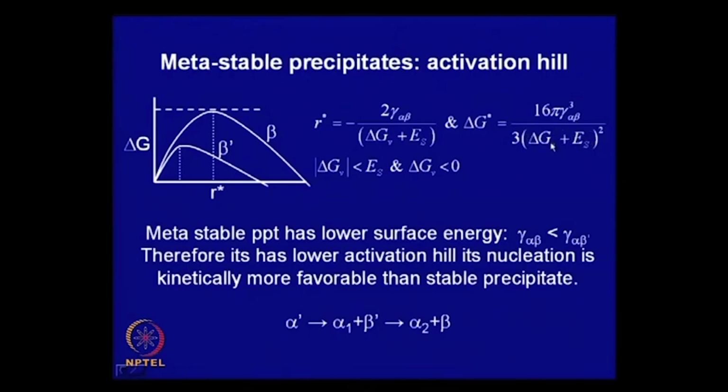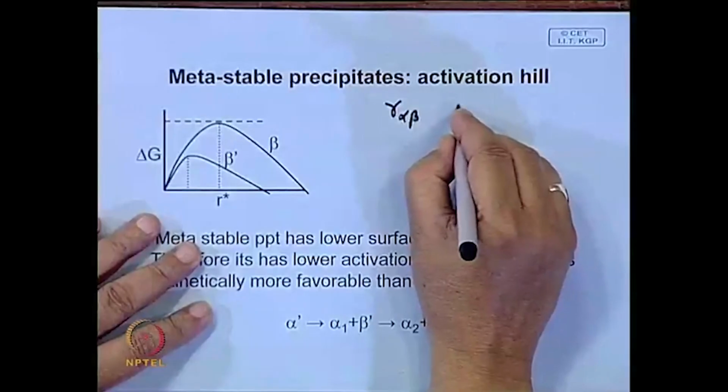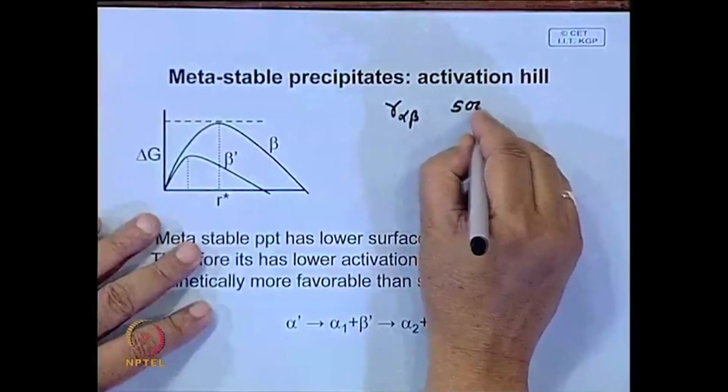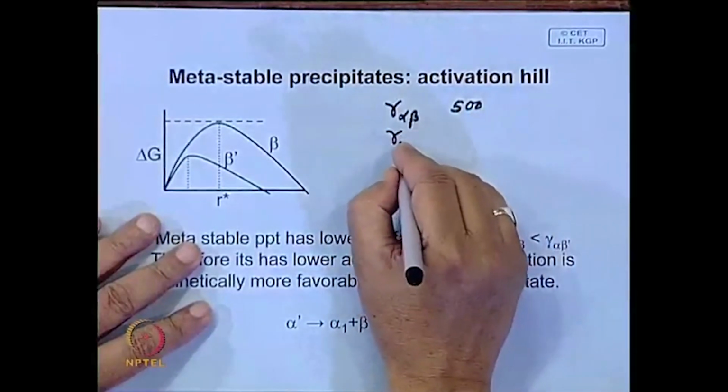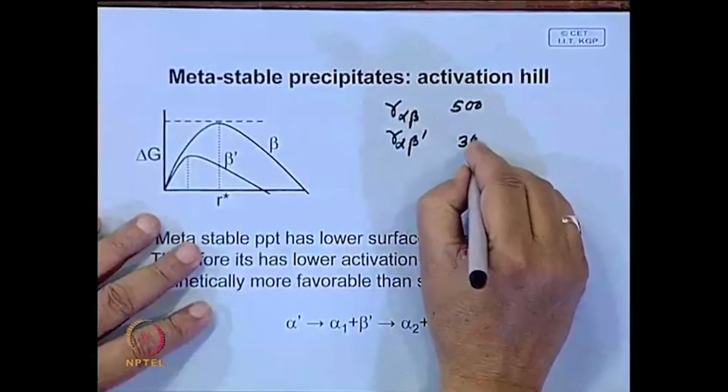So, strain energy also plays an important role. Now, suppose you have a metastable precipitate, what is going to change? A metastable precipitate will have low surface energy, so gamma alpha beta is low. A normal precipitate has gamma alpha beta of the order of 500 or 400 millijoule, while gamma alpha beta prime may be of the order of 30, 40.